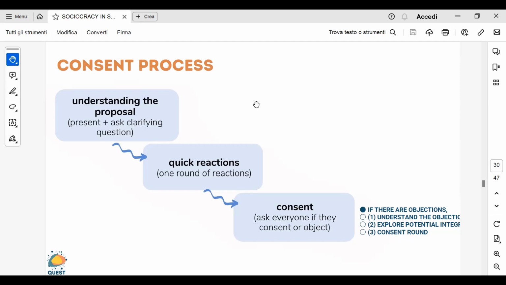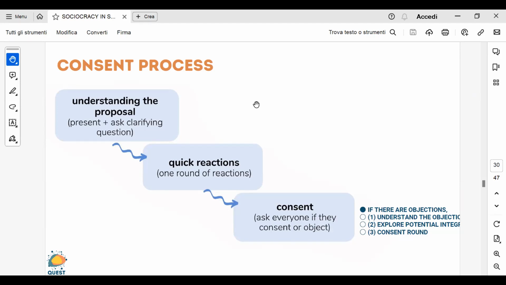So the facilitator will ask everyone if they consent to the proposal. Or even better, the question is, is there any objection to this proposal? If there are objections, it means that this proposal goes against the aim of the circle or blocks the person, stops the person from having their own role in the circle.